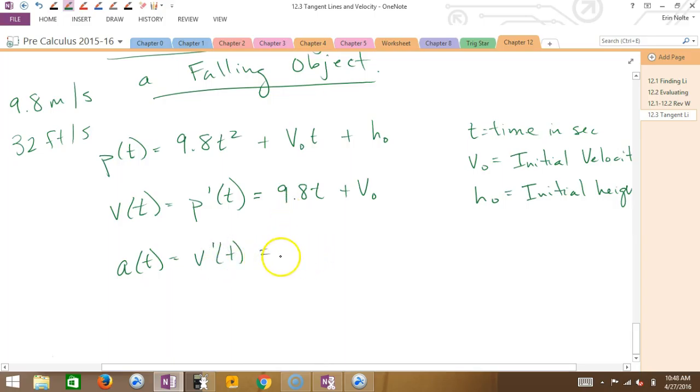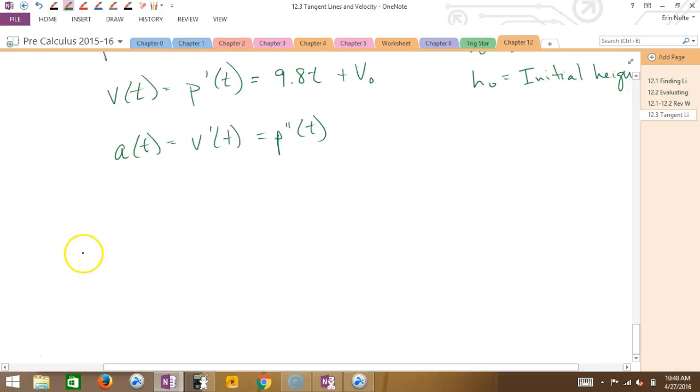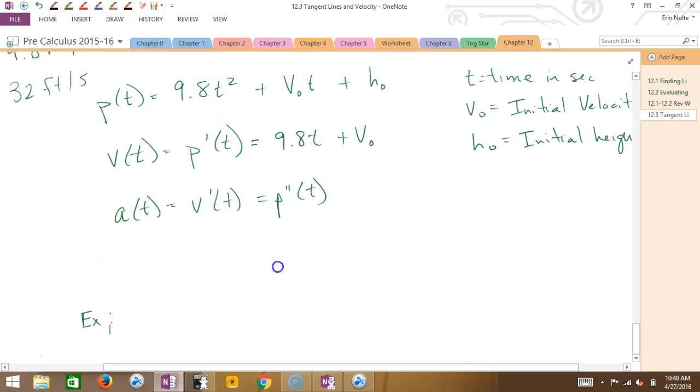By the way, did you know that acceleration is the second derivative of your position? Just a little notation there. Okay, so let's do a scenario. Let's say, example, wait, what?